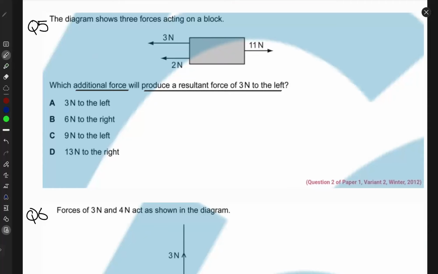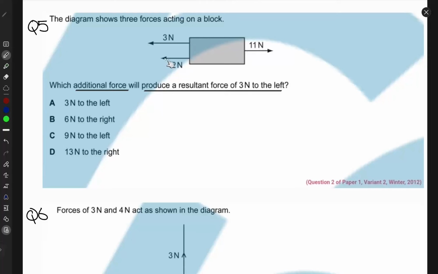Sir, can you explain again? Yeah. So basically the question is saying that you have a block and already there are 3 forces acting on this block: 11 newtons to the right, 3 and 2 newtons to the left.